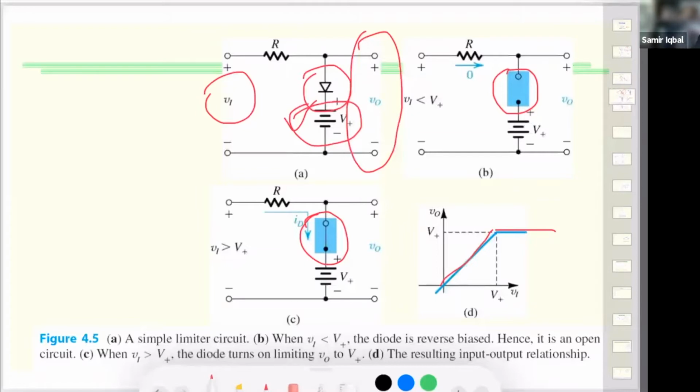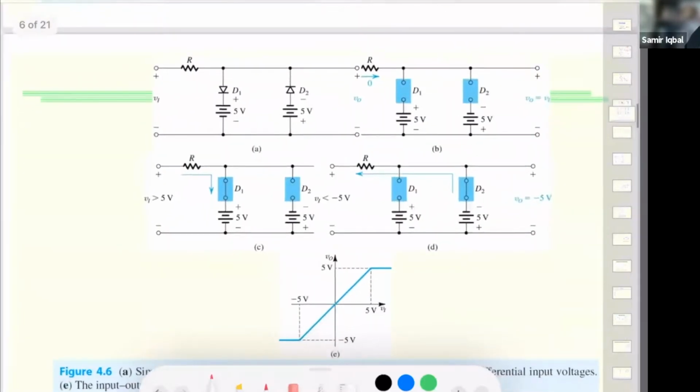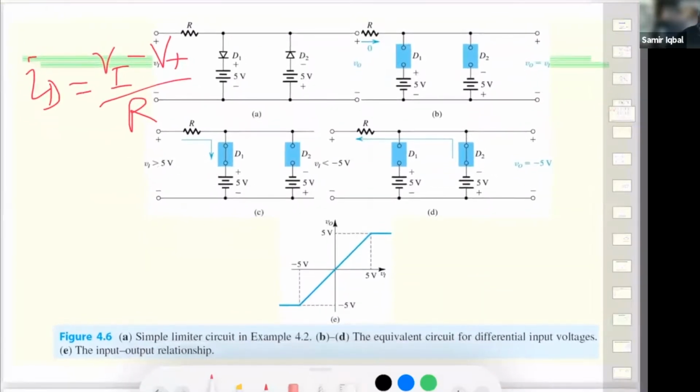So here there are a couple of things. If you write it down in the form of a relationship, and if we have more than one diode, then for any current through any diode, we would use the relationship to find the difference between two voltages, in this case the input minus the power supply, divided by R. Now we are talking about a sine wave, a circuit where the input takes positive and negative signs.